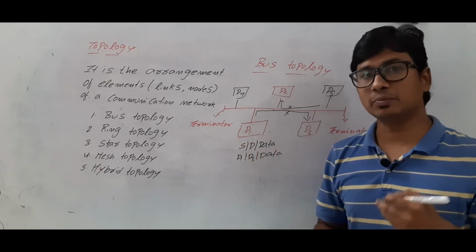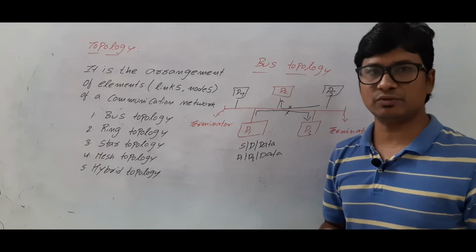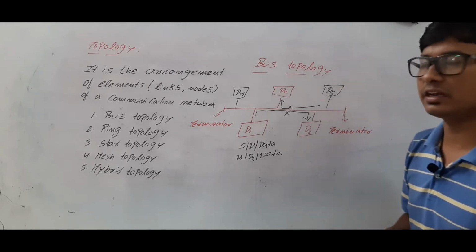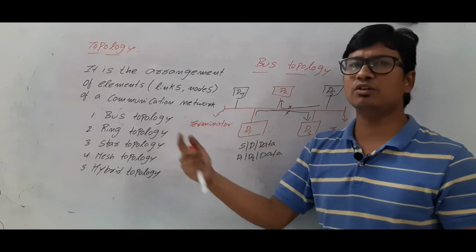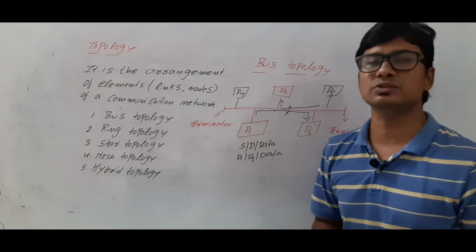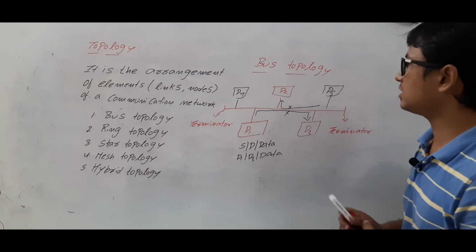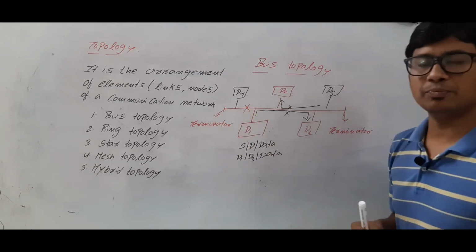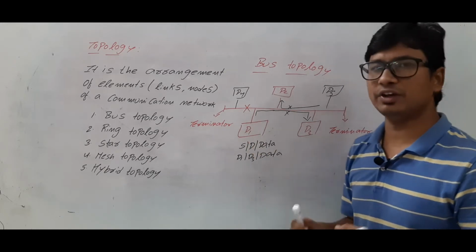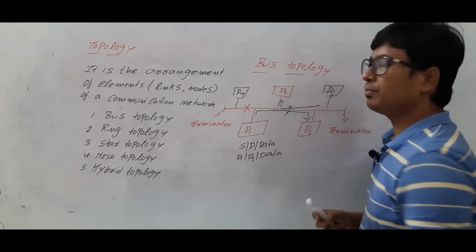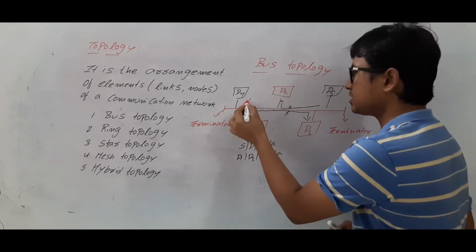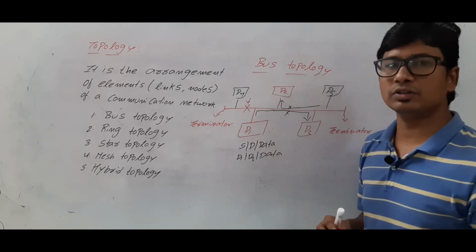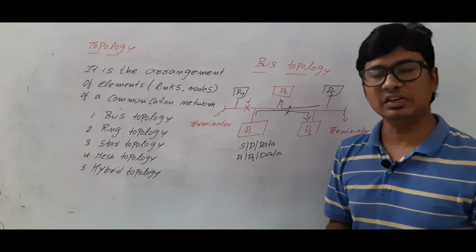But what is the other problem with this one? Wherever there is an advantage, obviously we can find some disadvantage. If it were perfect, then why would we go for other topologies? There is a drawback in this one. If the bus has a failure, a disturbance or a breakage, then the communication among the nodes will be disturbed and the network will fail.